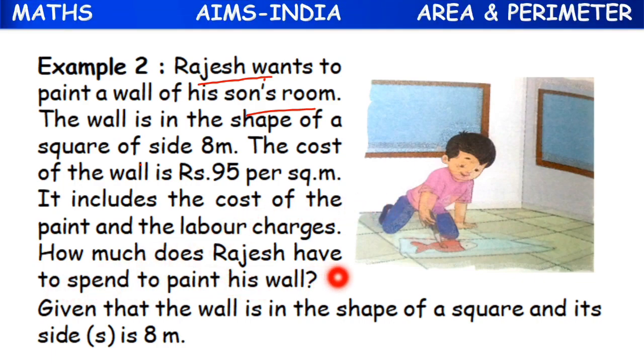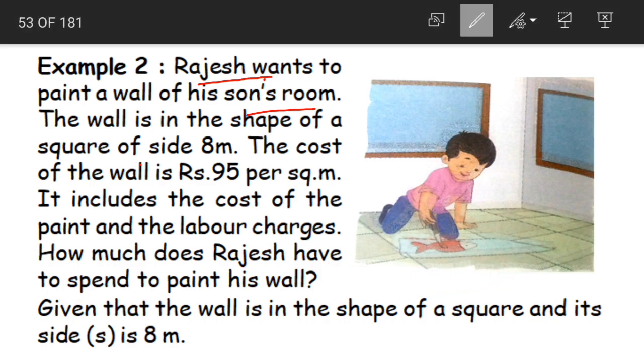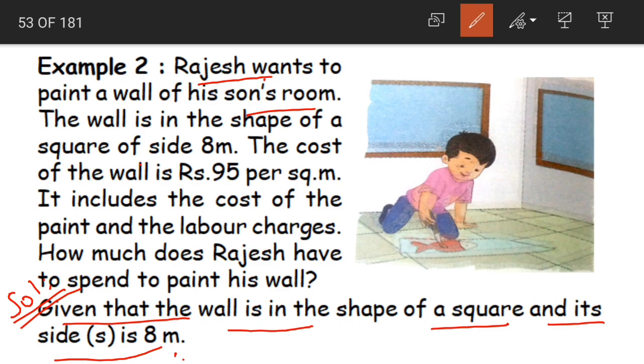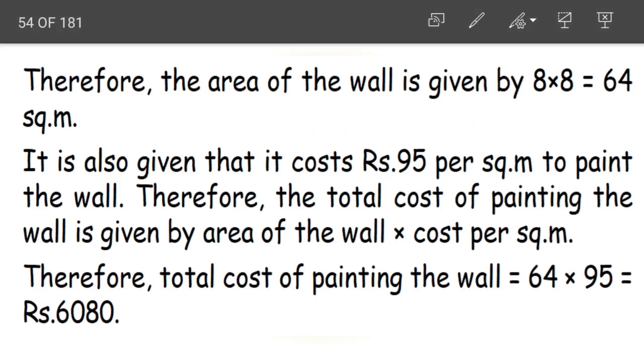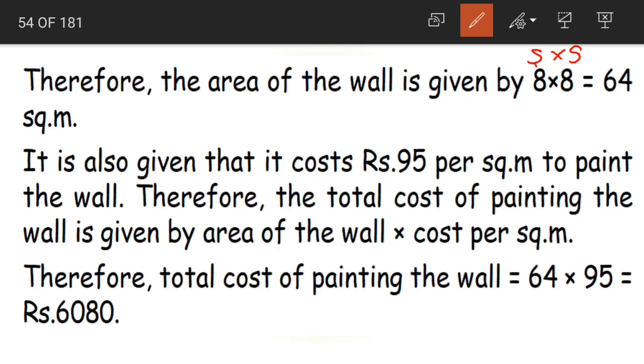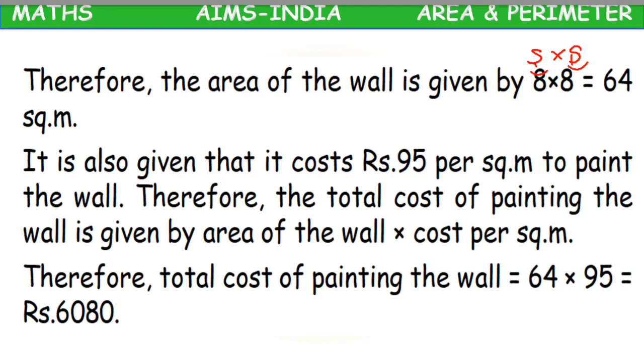So given that the wall is in the shape of the square, here our solution starts, children. Given that the wall is in the shape of a square and its side is equal to 8 meters. Now therefore the area of the wall is given by what? Area of a square is S into S, that is nothing but 8 into 8.